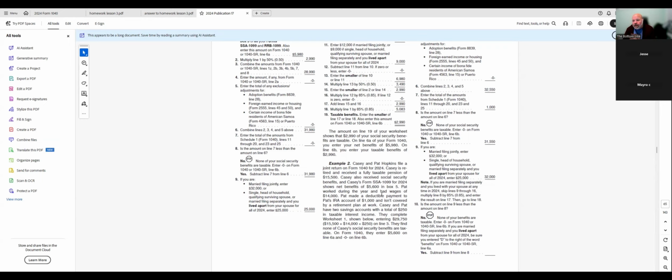Pat worked during the year and had wages of $14,000. Pat made a deductible payment to Pat's IRA in the amount of $1,000 and isn't covered by a retirement plan at work. Casey and Pat have two savings accounts with a total of $250 in taxable interest income.